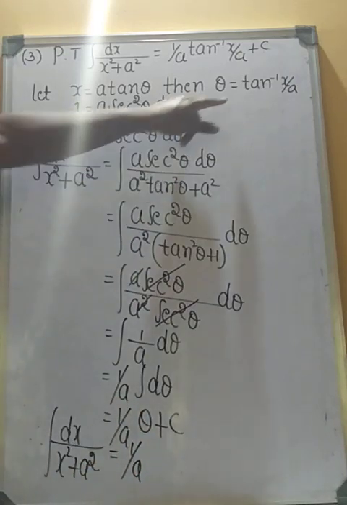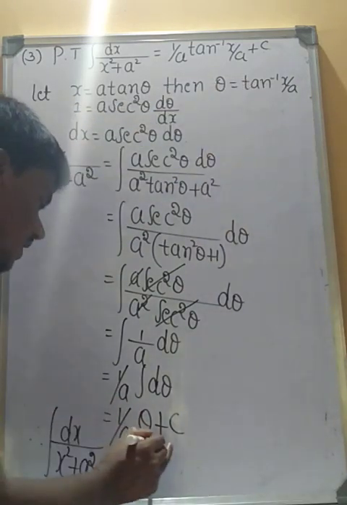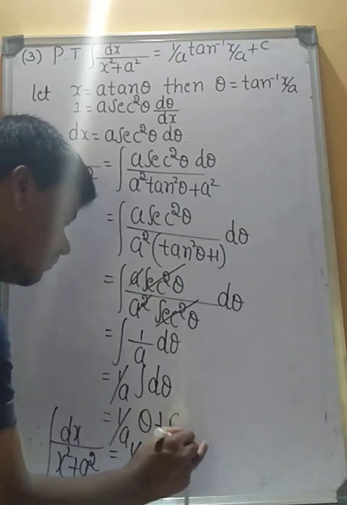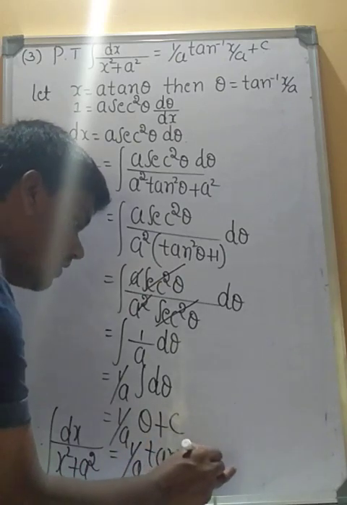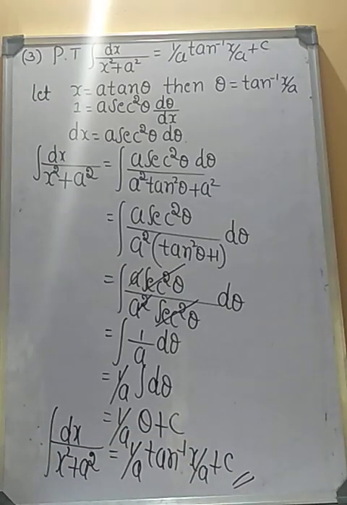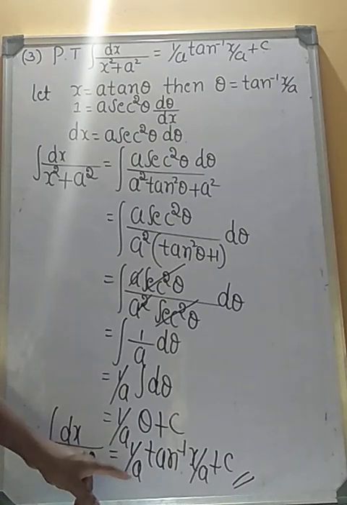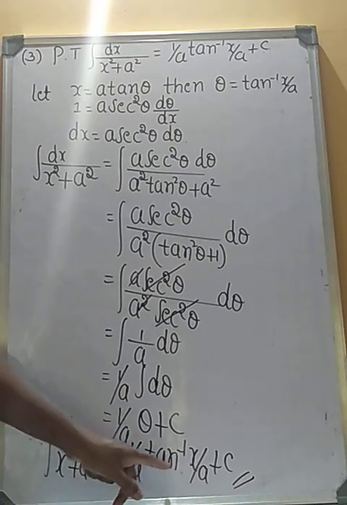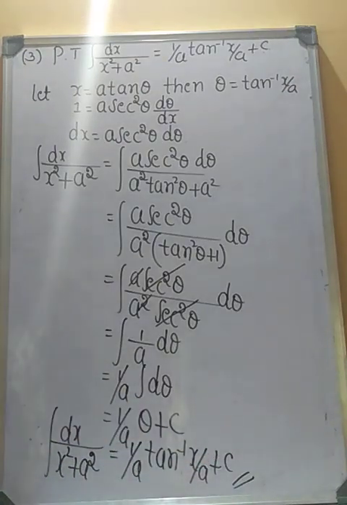What is theta? Theta is tan inverse x divided by a plus c. Therefore, integral of dx by x square plus a square is 1 by a into tan inverse x by a plus c.